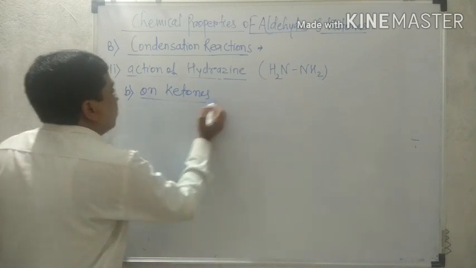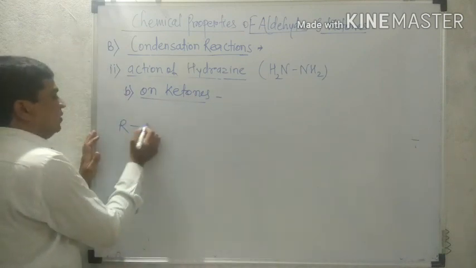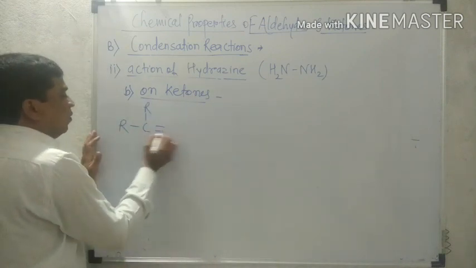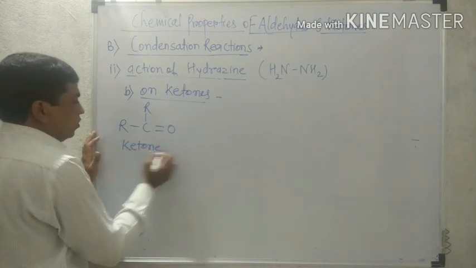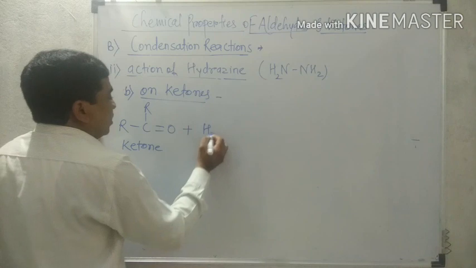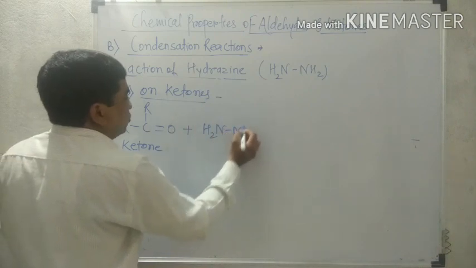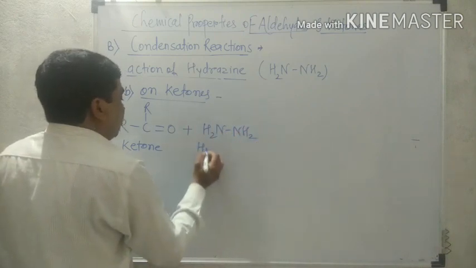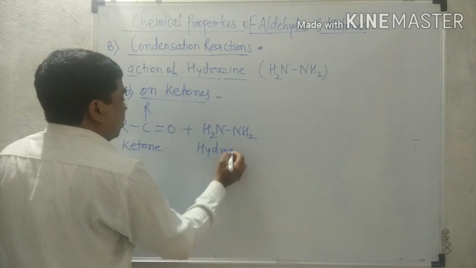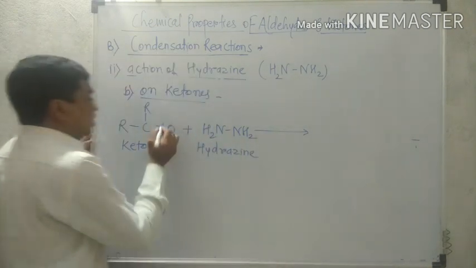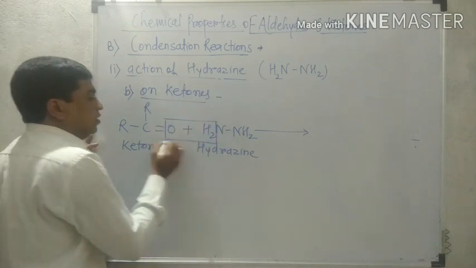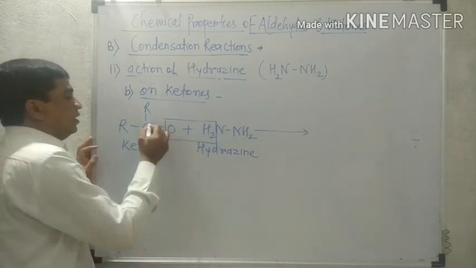Ketones have the general formula R2C=O. This reacts with NH2NH2, the formula of the reagent called hydrazine. The condensation reaction occurs between these two molecules, forming water as a byproduct.